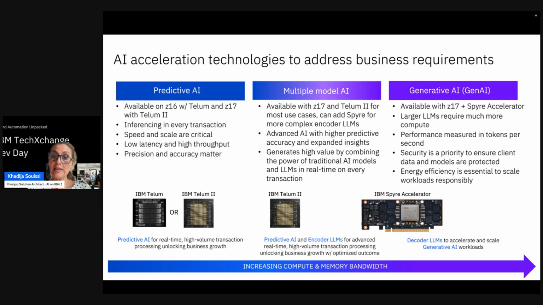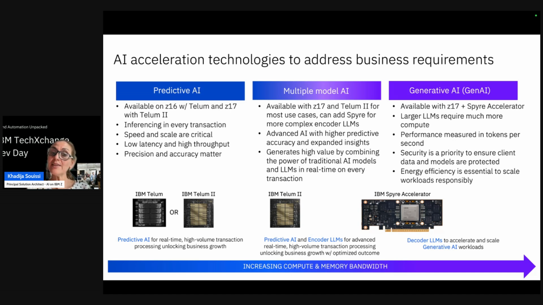In addition to that, security is a priority to ensure client data and models are protected. And we also think about energy efficiency, which is essential to scale this kind of generative AI workload in a responsible way. In the middle, we see an intersection between predictive AI and large language models, where we would like to have advanced AI with higher predictive accuracy and expanded insights.